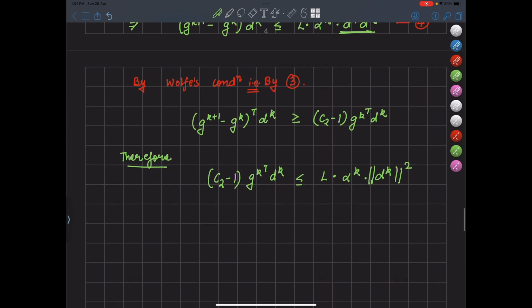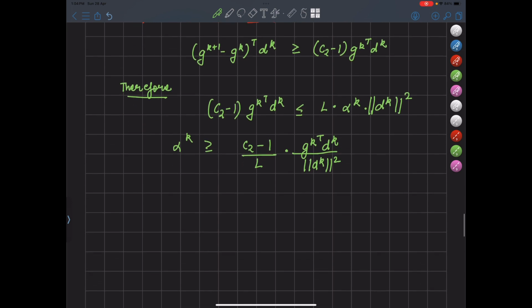Now why is this helpful? So here we can get some limit on alpha_k. So alpha_k is chosen such that it is greater than or equal to (C2 minus 1) upon L times g_k transpose d_k upon norm of d_k squared.